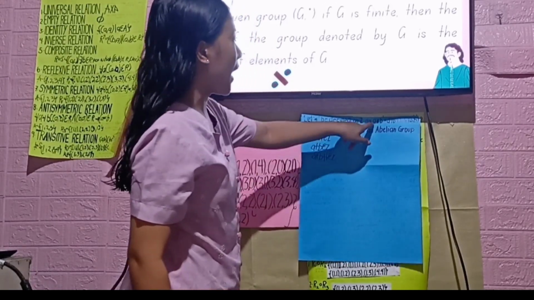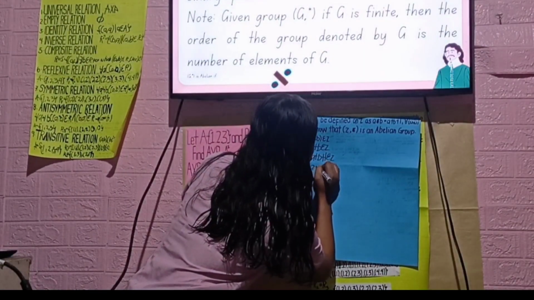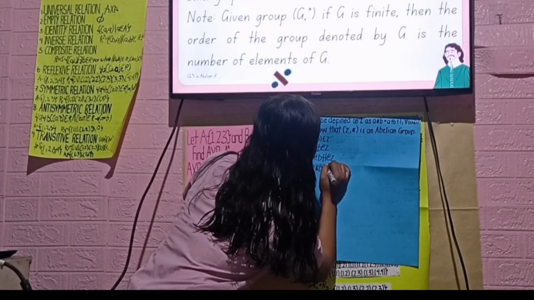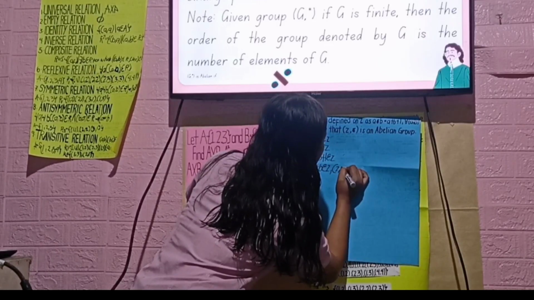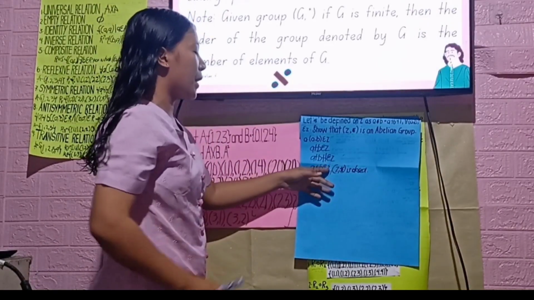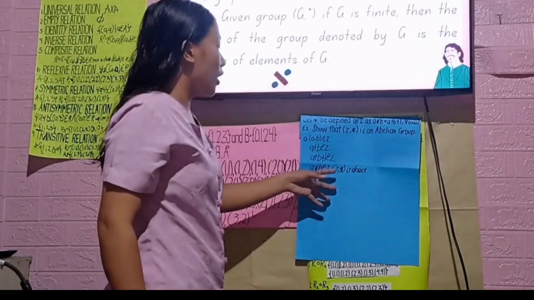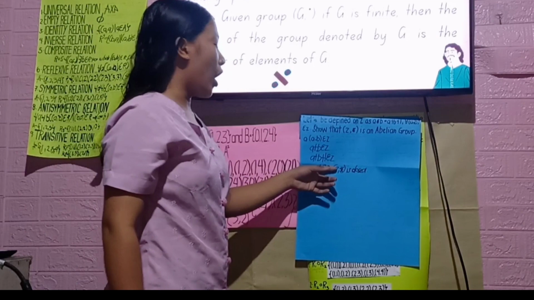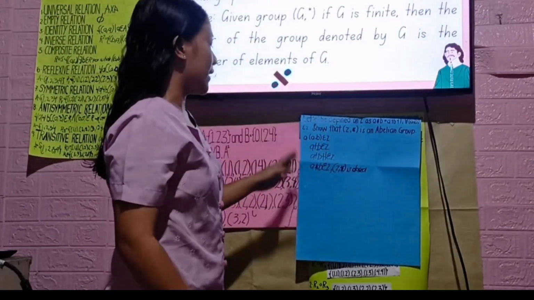That is A star B. So A star B is an element of Z. Therefore, (Z, *) is closed.